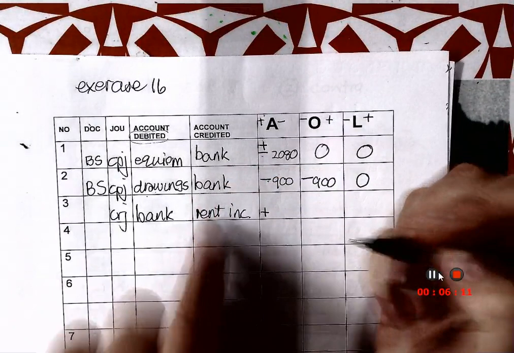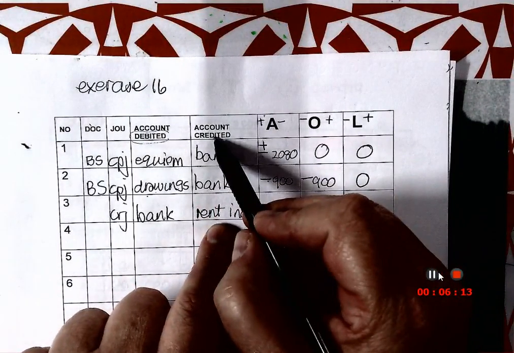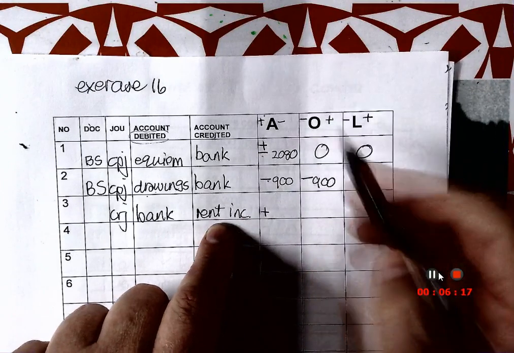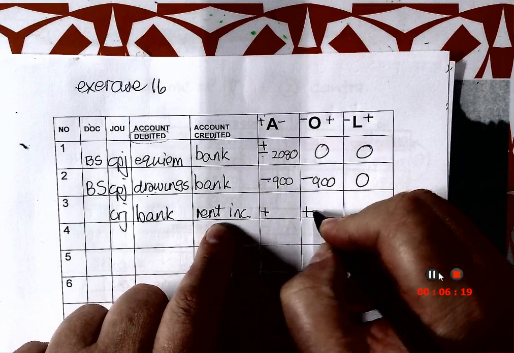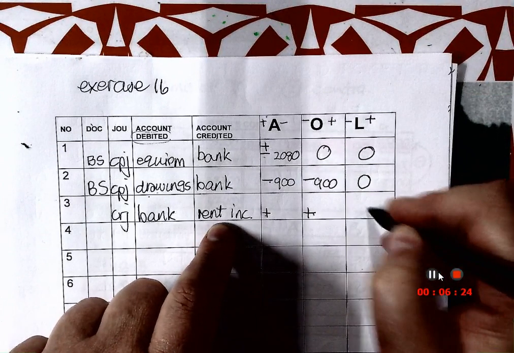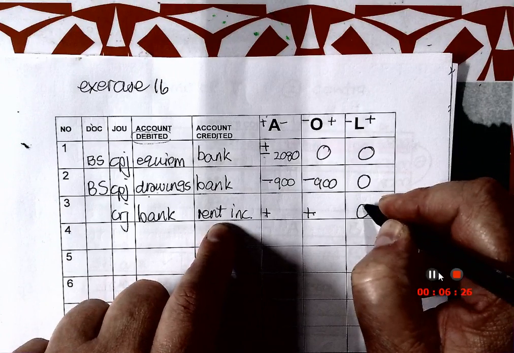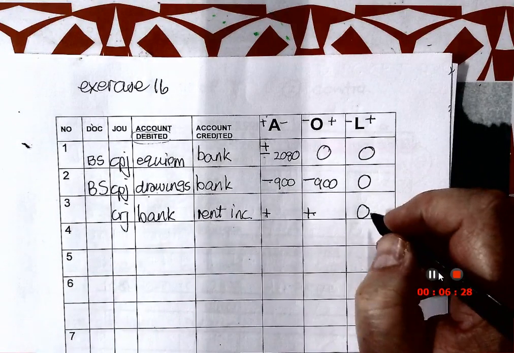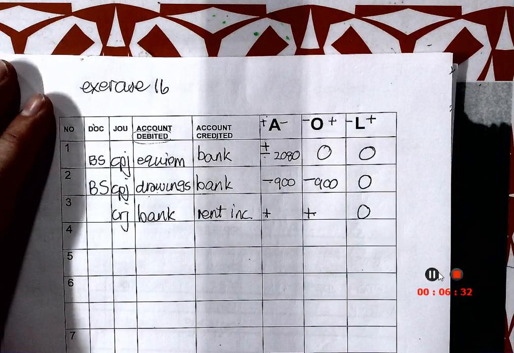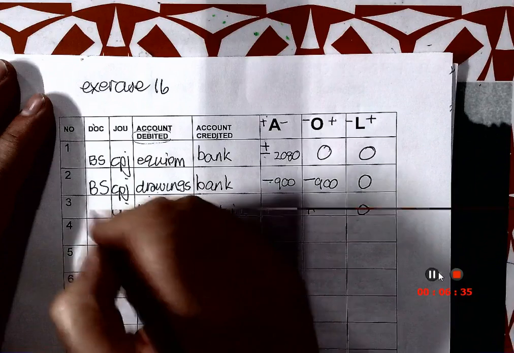I know rent is a credit. It's owner's equity. So it's also a plus. So there's 2 signs, meaning the liability is a 0. So if I receive an EFT, remember, EFT means it's directly into my bank, then it's a bank statement.